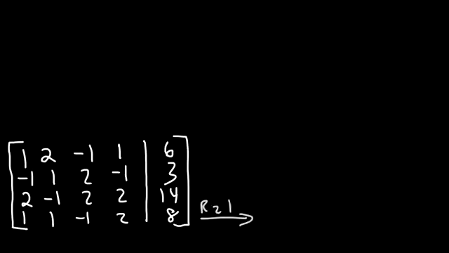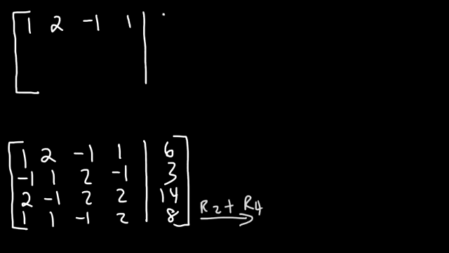Row 2 plus row 4, that's going to be the first row operation we're going to apply. So everything else will stay the same. So 1, 2, -1, 1, and 6. So that's row 1. Row 2 is not going to change. And row 3 is going to stay the same. So now we're adding row 2 and 4.